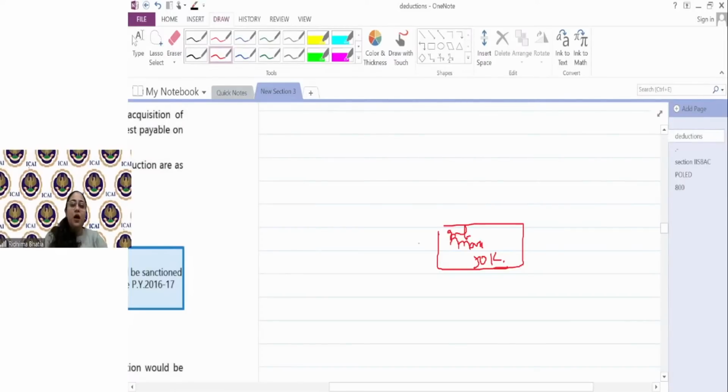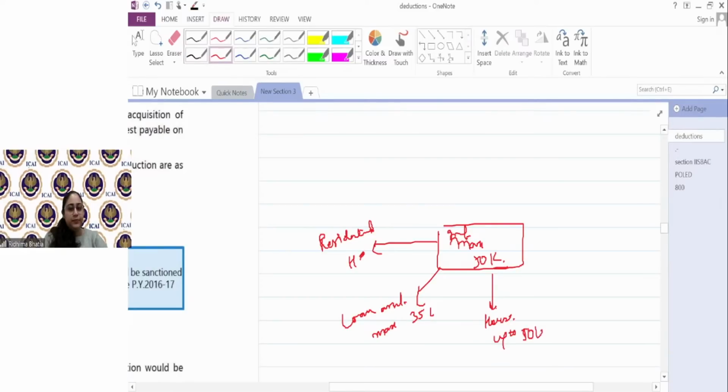But the conditions here are a lot. First of all, it should be a residential house property. Second thing, the loan amount should be maximum 35 lakhs. The property should be of maximum value, that is, the house should be of the maximum value of 50 lakhs.